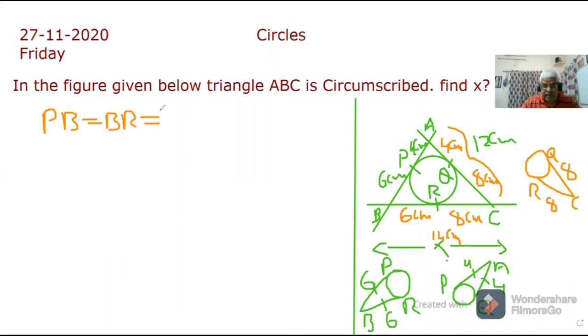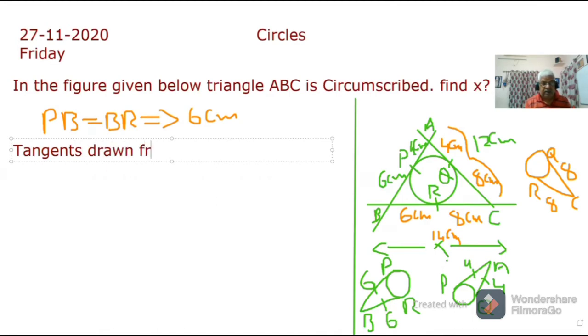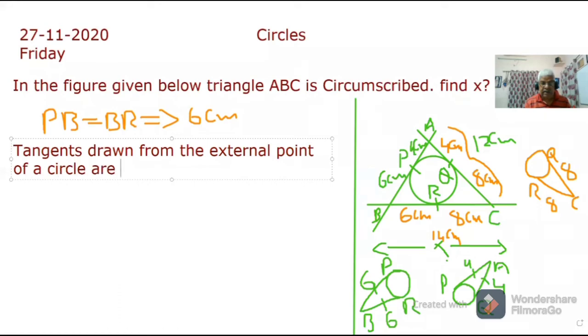Both of them are equal to 6 centimeters. And you must mention the reason: tangents drawn from the external point of a circle are equal. You have to remember this.